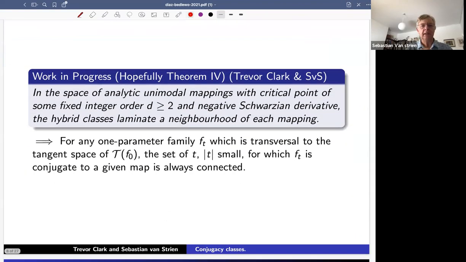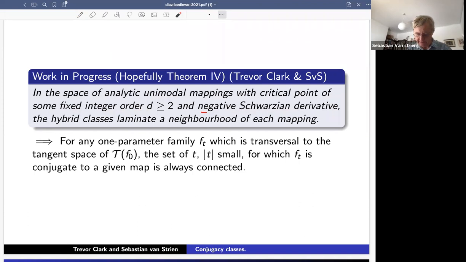So I think, and hopefully that's work in progress, that in fact, if you take analytic maps and now also impose the additional property that the Schwarzian derivative is negative, and this is our unimodal maps, and you fix again the degree of the critical points, then these hybrid classes laminate the neighborhood of each mapping.